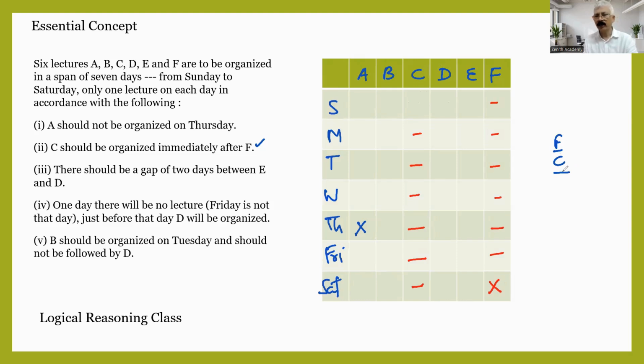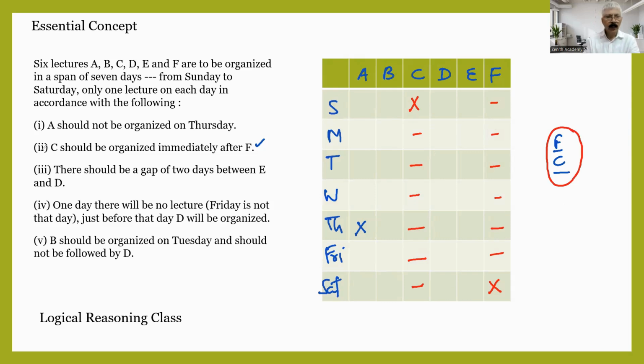Because C is after F and program is starting from Sunday, lecture C is not possible on Sunday. Right? And this is C should be organized immediately after F. It is an interpretation of this condition. It is not fully dependent. There are 6 possibilities.